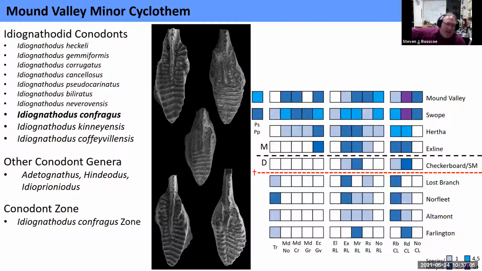What we see is this very robust rostral side of the element where the lobe has almost become incorporated into the platform itself. So we see this very wide rostral side of the platform, very asymmetric in appearance because of this development on the rostral lobe. And it seems like kinniensis is a bit of a variation on that. So that puts us in the confragus zone, and now we can go to the next slide.